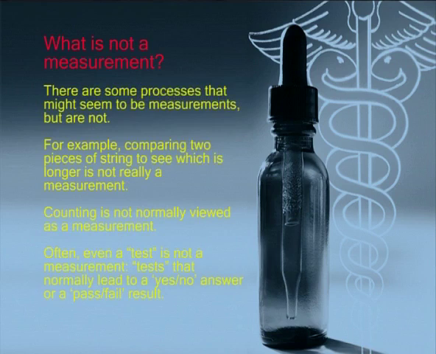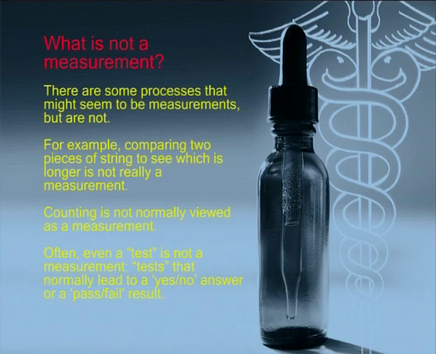While talking about measurement, it would help if we also understand what is not a measurement. There are some processes that might seem to be measurements but are not. For example, comparing two pieces of string to see which is longer is not really a measurement. Counting manually is not normally viewed as a measurement.